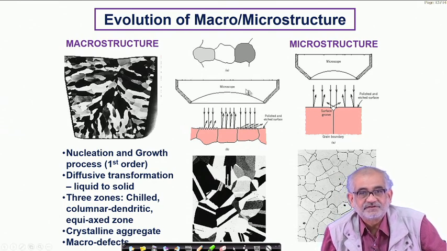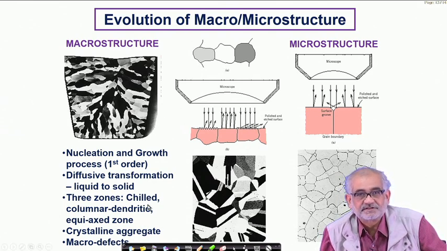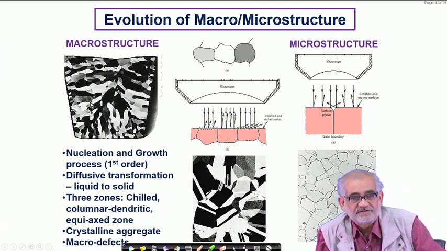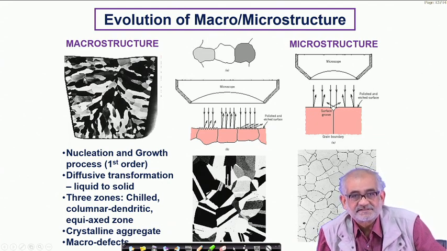And that's when you actually see these descriptions called the chill zone, the columnar dendritic zones, or even the equiaxed zone. But these are possible, not for every single solid, but for most of the metallic solids. So this is essentially a section of a bulk solid after solidification.